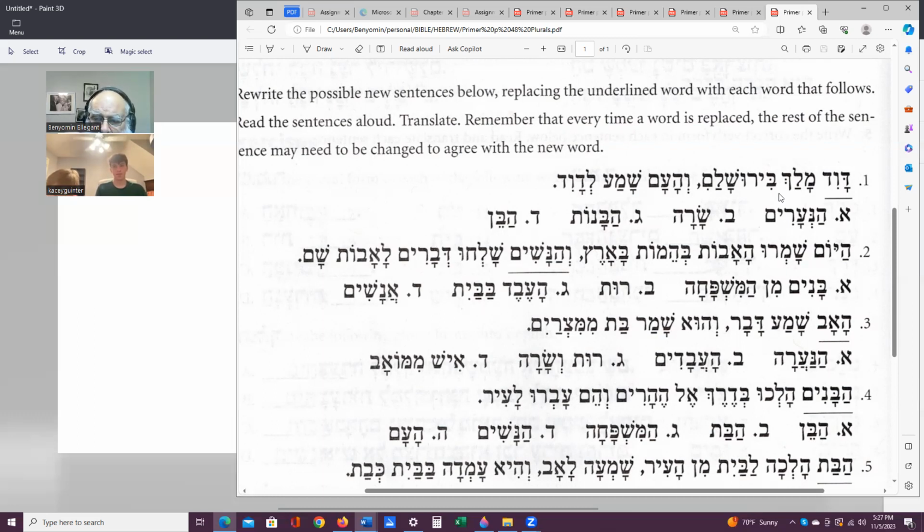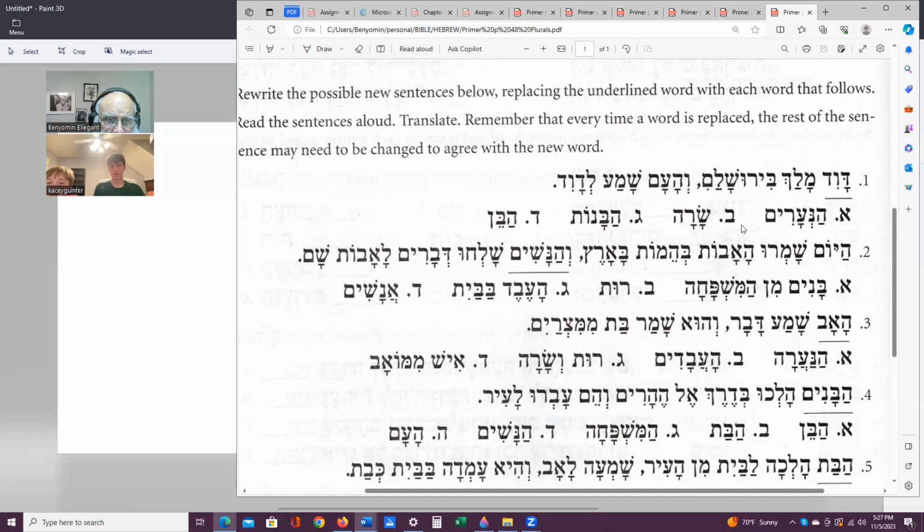So, do you understand the assignment? Yes. So we write the first sentence in English, but then the rest of it is in Hebrew. You write the first sentence in English, and then you write the Hebrew words that need to be changed. Okay.